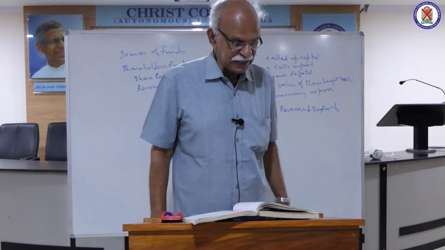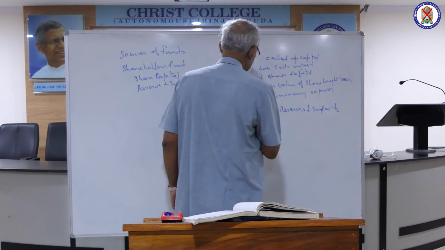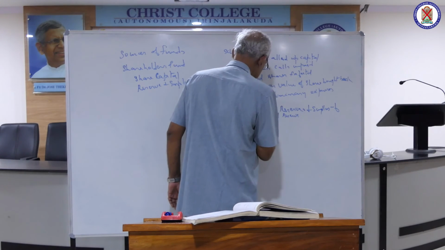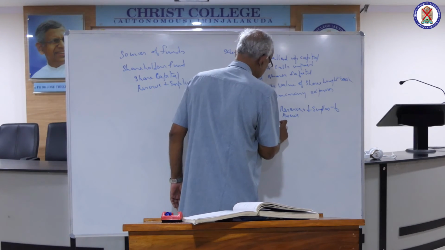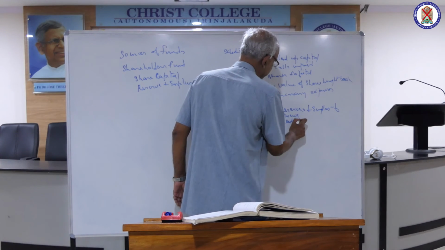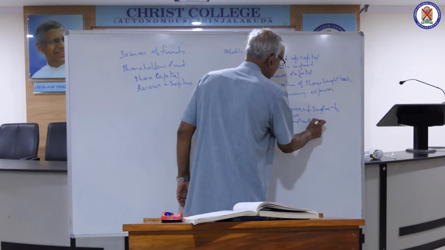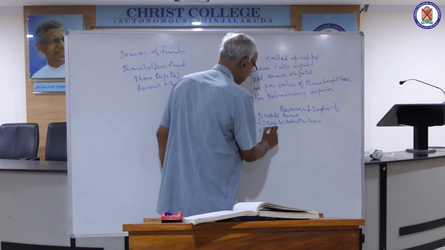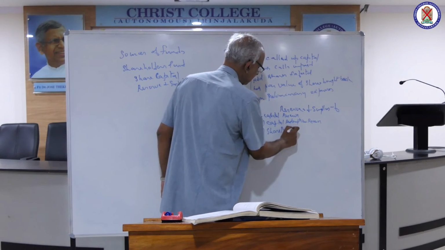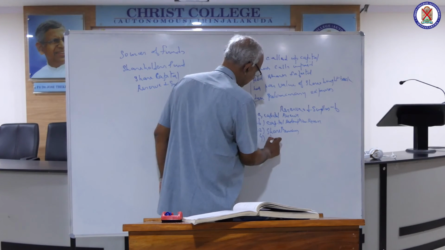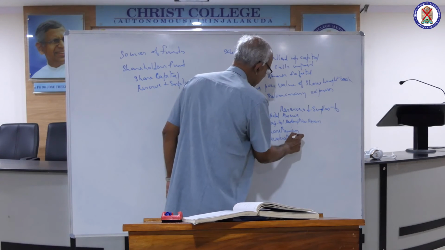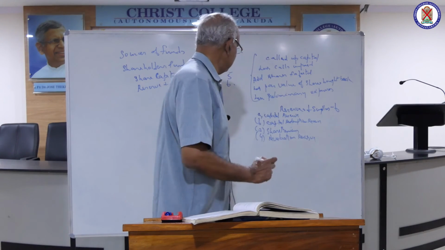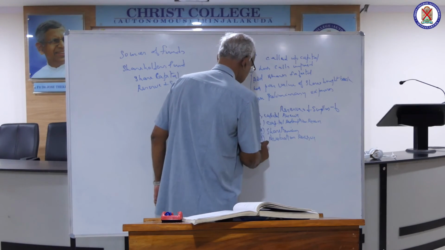So schedule 6, reserves and surplus, the items that come: capital reserve, then CRR, Capital Redemption Reserve, share premium, then revaluation reserve, revaluation of assets, etc. Then general reserve.